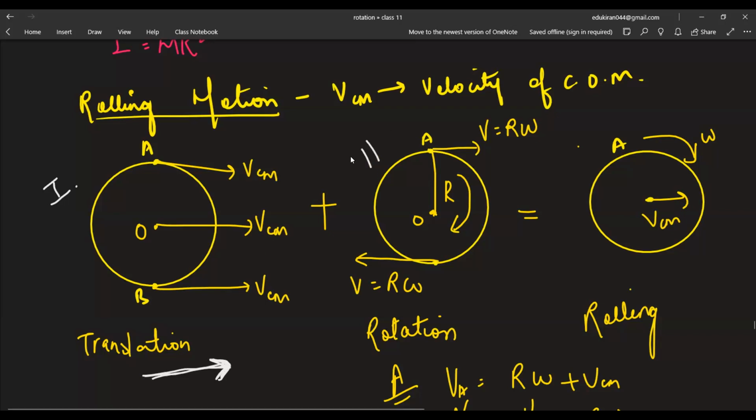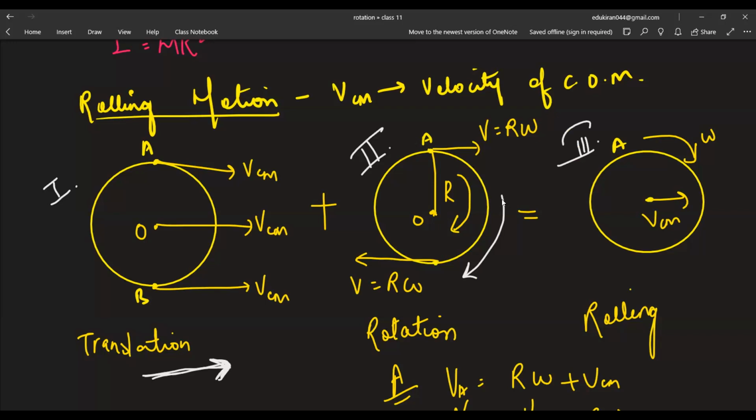Secondly, rotation. Velocity becomes r omega, which we have also studied. The body moves in a circular fashion around a central axis. That is rotation. When you combine this, you get a third category, which is rolling.